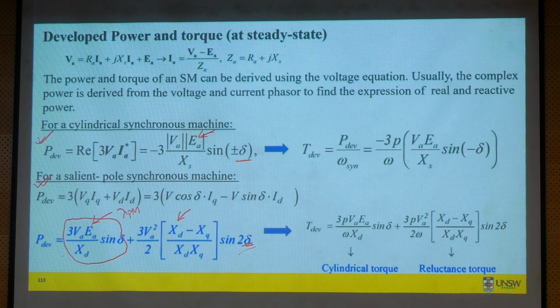So the first part of the torque relates to the magnet flux. And the second part is known as reluctance torque, because it is due to the difference in reluctances, right? Why we have XD and XQ different. So that part is called reluctance torque.